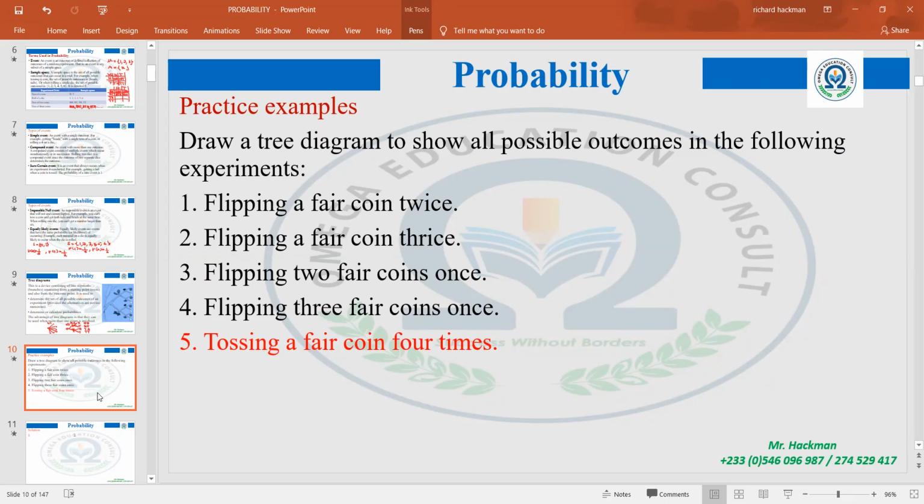Then 3, flipping 2 fair coins once. Then 4, flipping 3 fair coins once. Then the 5 will be yours: tossing a fair coin 4 times. The 5 will be your assignment, and I will instruct you as to what we do with that assignment, especially for those of you joining us for the first time.